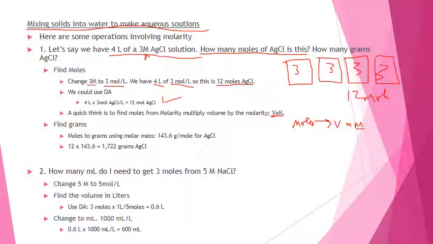We took the volume, 4 liters, times the molarity, 3, and you have 12 moles. Each mole is 143.6 grams, so you simply multiply that by 12.